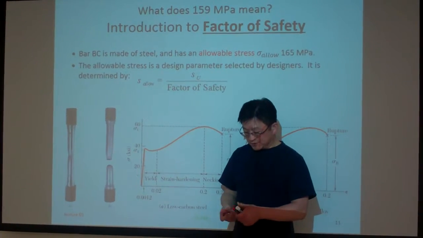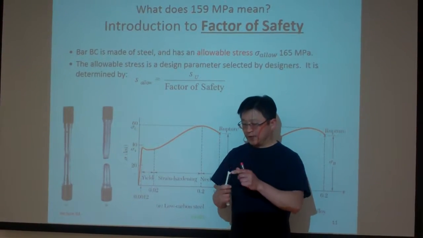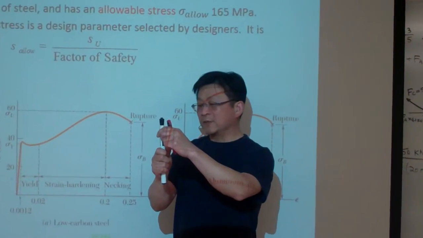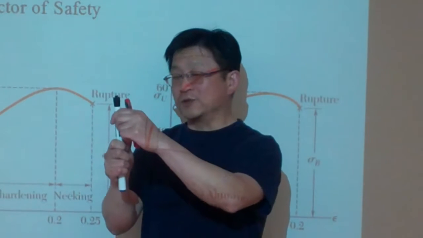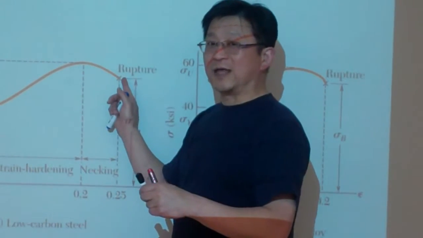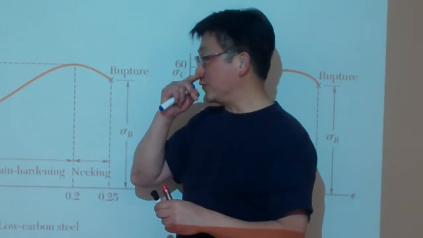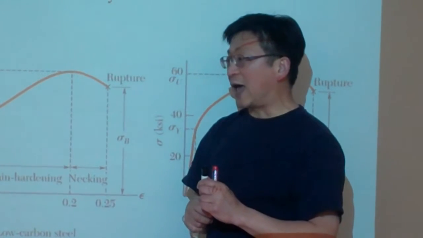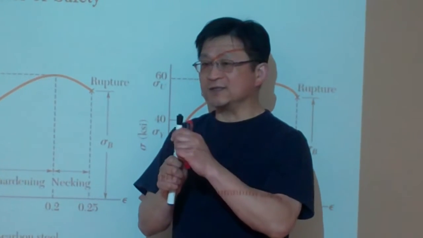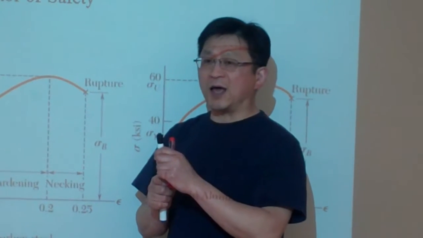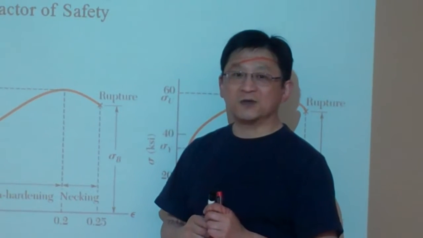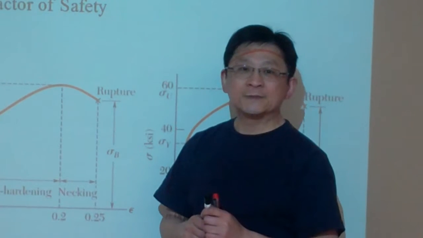Once you select a material, and this material will be used for carrying certain loading, you don't want to risk your structure breaking like this. To avoid that risk, you usually say, I want the maximum loading of my design to be, say, 10 times smaller than the ultimate stress. That gives yourself a safety margin.